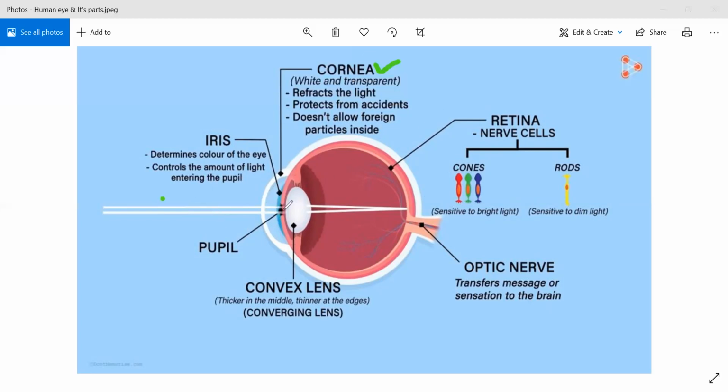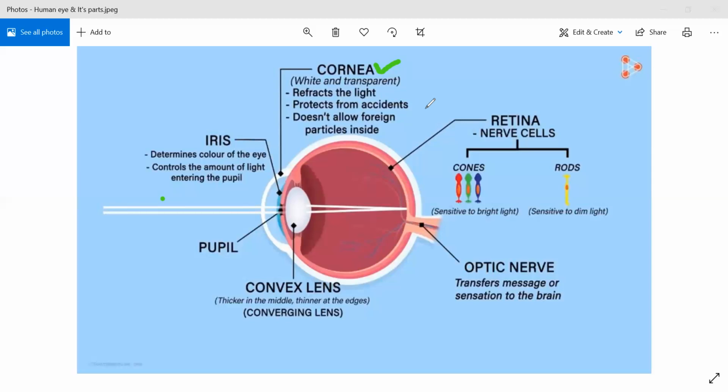And the second one: if any damage occurs from external agencies or any foreign bodies to our eye, it is protected by our membrane. That membrane is called the cornea, isn't it? Suppose anything accidentally hurts our eye, that transparent membrane, the cornea, works as a protective membrane, right?